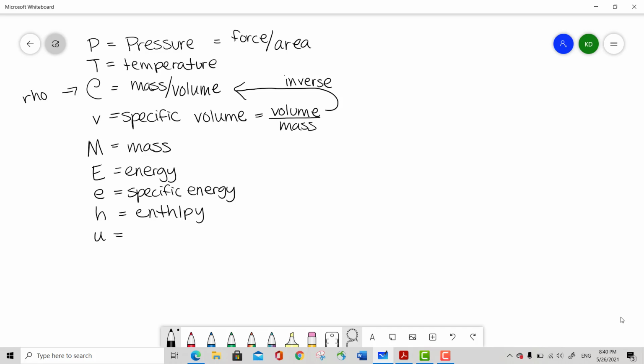Okay, we've got E, which is internal energy. H, heat. And then S is entropy. Okay, so just those are some good ones to know, that when we start using our formulas, you'll see these in there. So let's get into just some of the formulas.